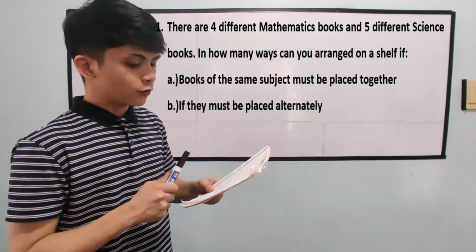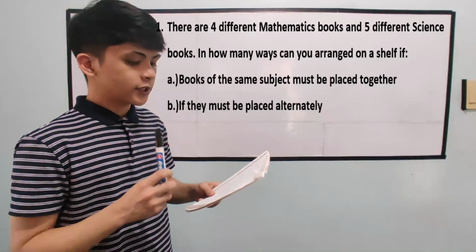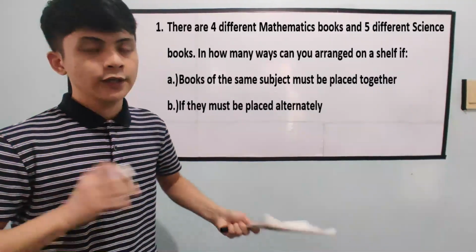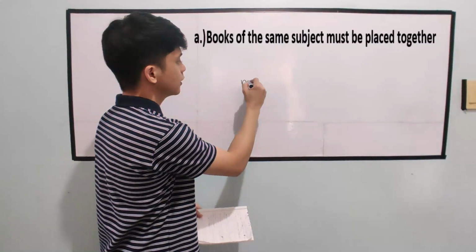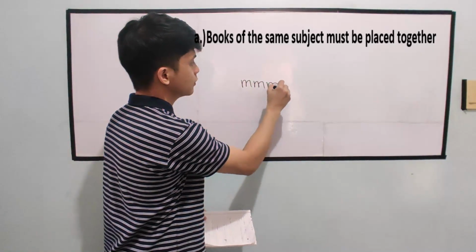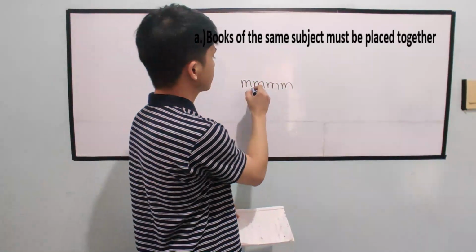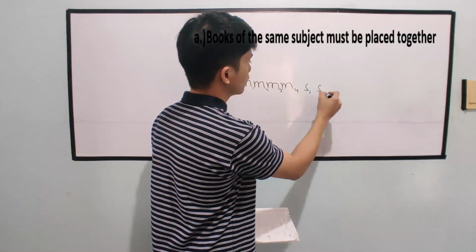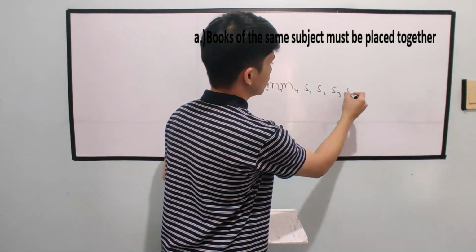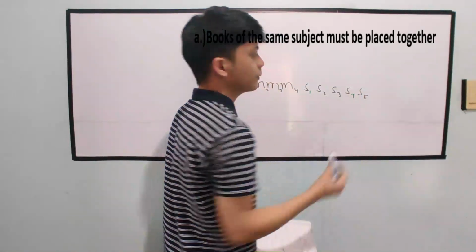So yung una, yung condition niya is books of the same subject must be placed together. Now, meron lang tayong dalawang ways para gawin yun. Okay, so ganito. Yung magkakasama yung apat na math, 1, 2, 3, 4. And yung 5 science book.